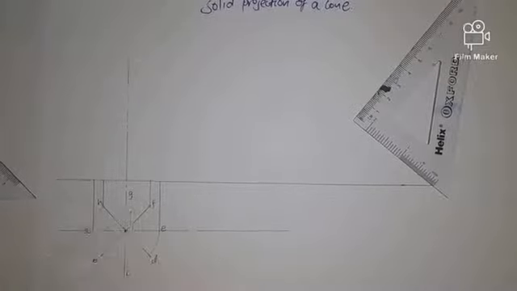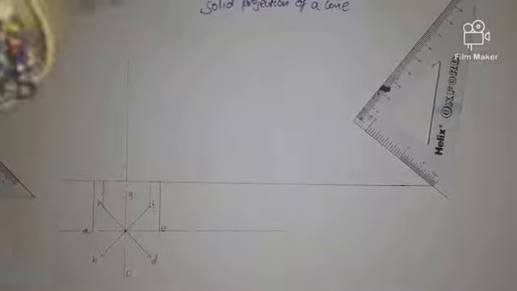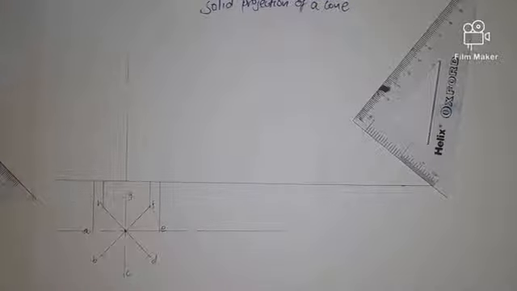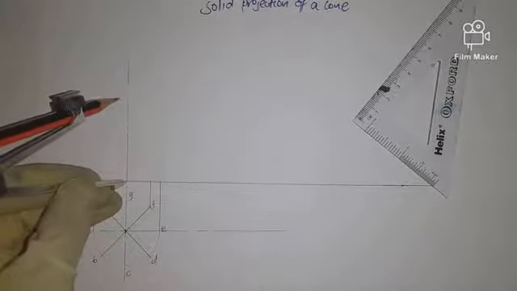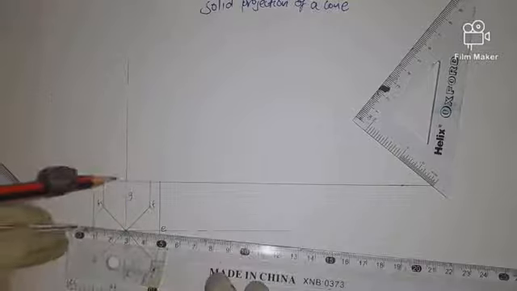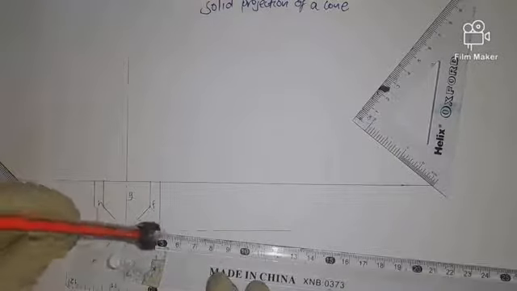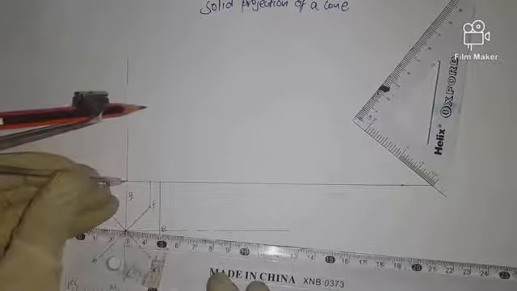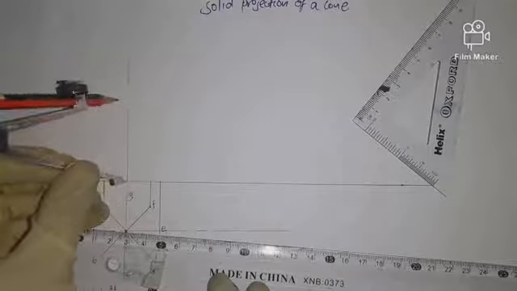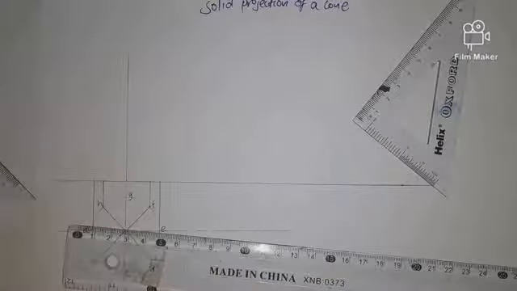There it is. Now we are going to measure our axis, which is 50 millimeter, so that we can get our vertex of the cone. Here it is. We have taken our 50. I come and put here. Once you have that, we complete our cone.